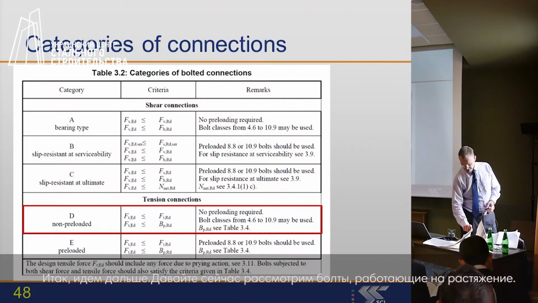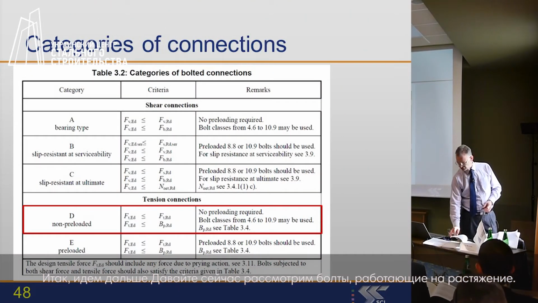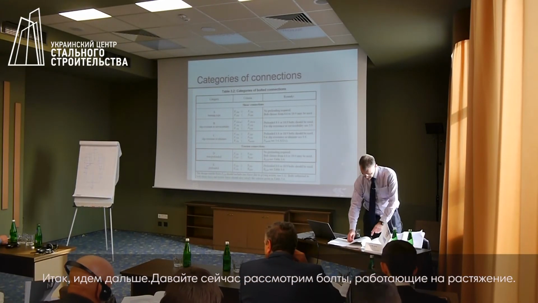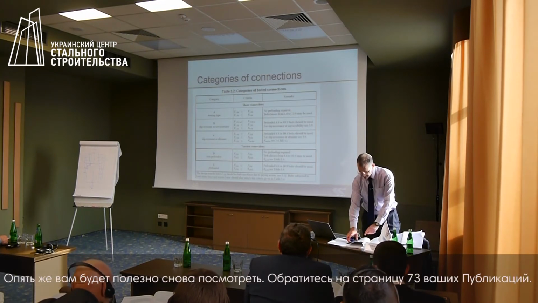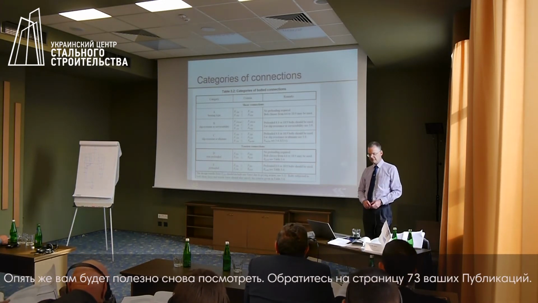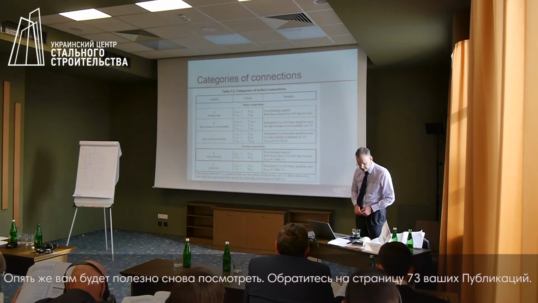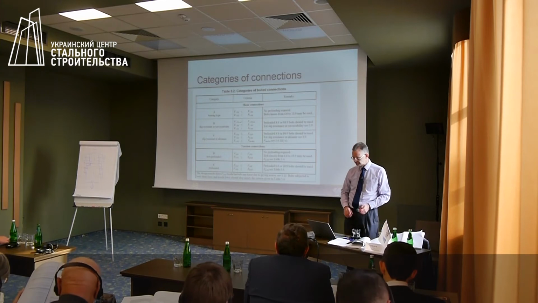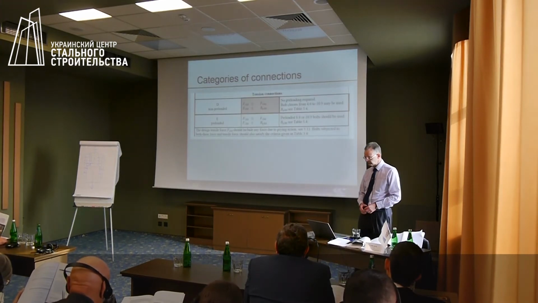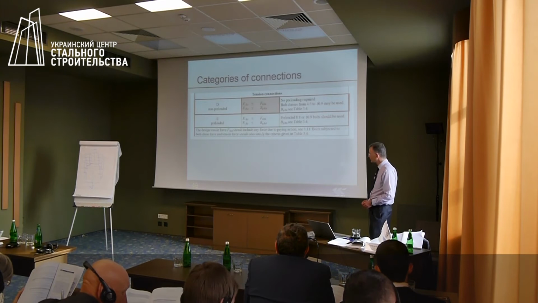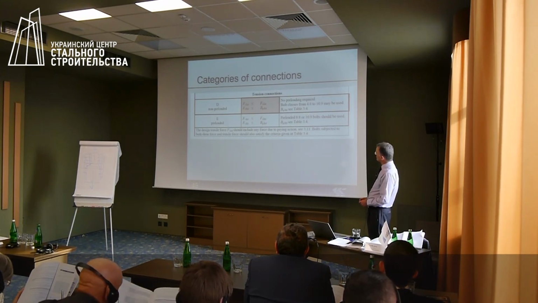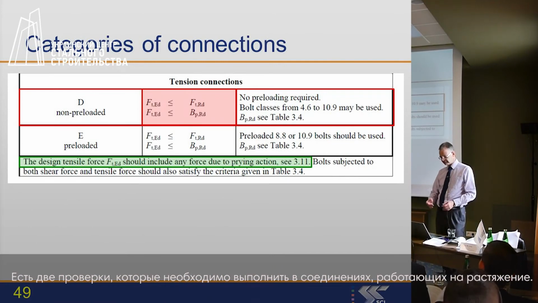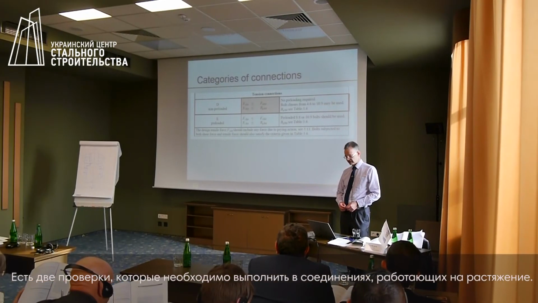So let's move on then and consider bolts in tension now. Again, perhaps you would like to look at page 73 of your guide. There are two things to check in tension connections.